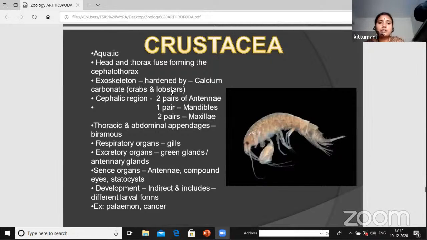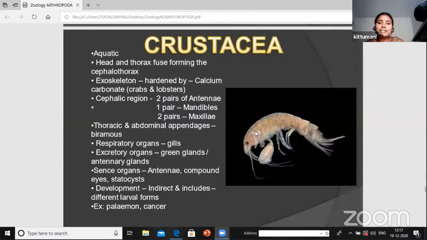Next, crabs and lobsters. Here the cephalic region bears two pairs of antennae. The cephalothorax region means this is the head portion and this is the thorax portion, so they combine to form a cephalothorax.